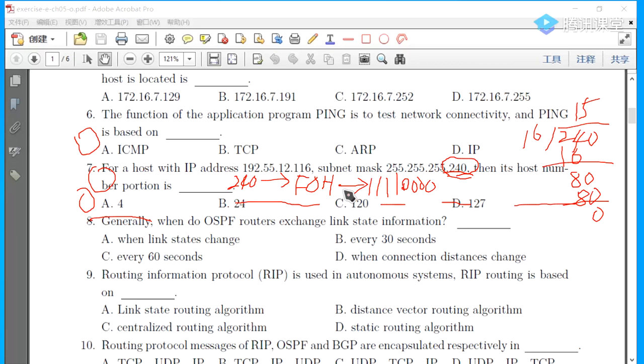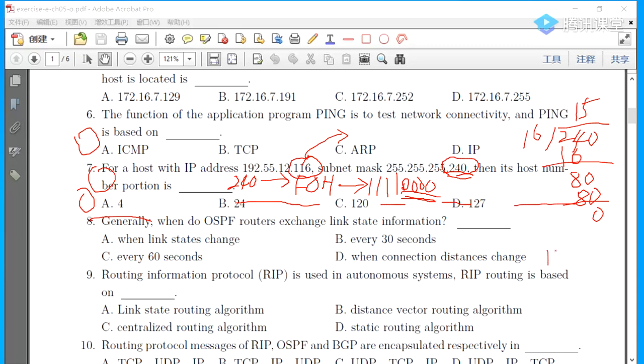So the host portion should be located at these 4 bits, right? So we should turn 116 into binary notation.